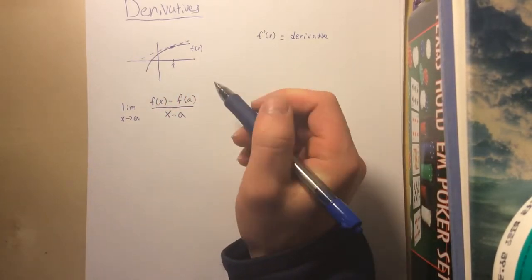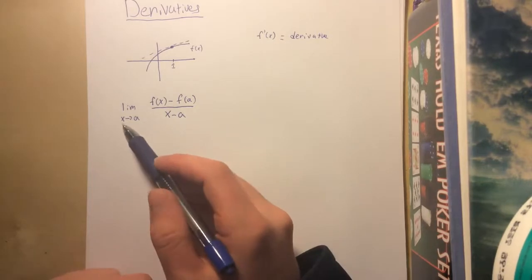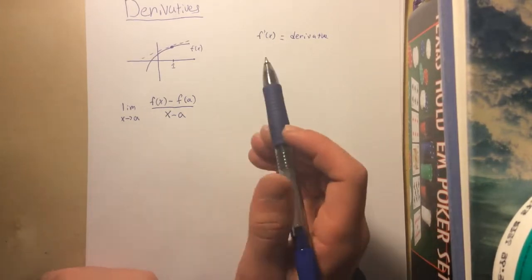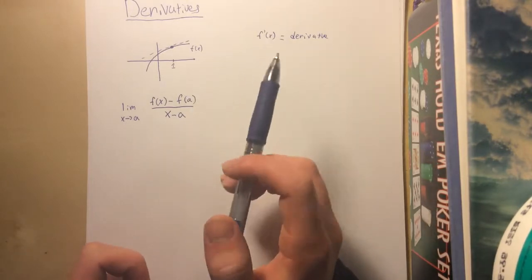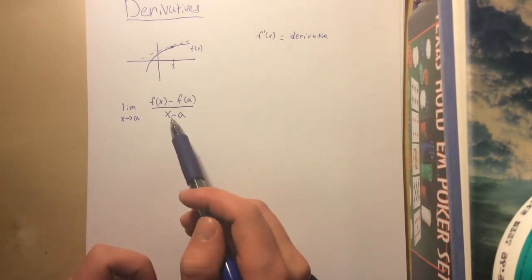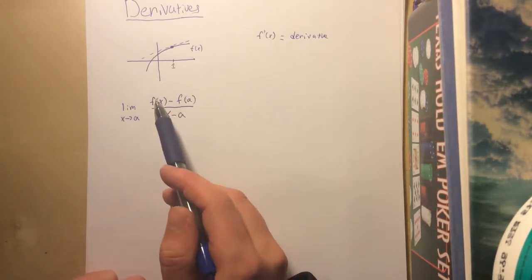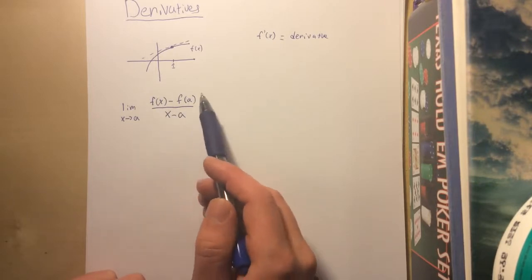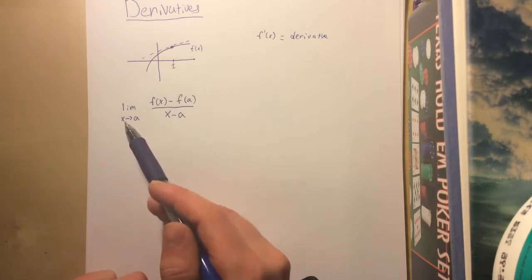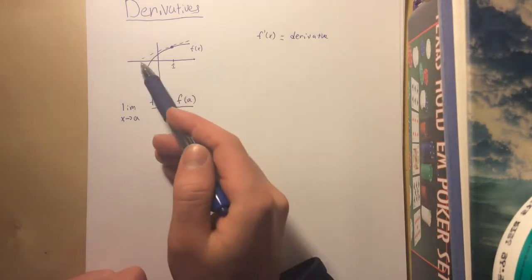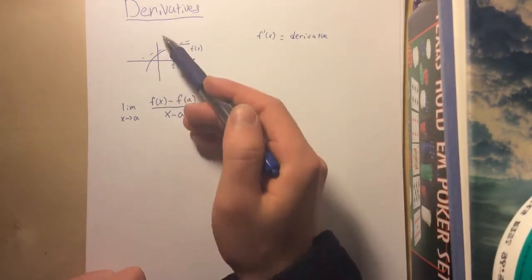So let's try and visualize this. x is getting closer and closer to a. So f of x and f of a are going to be very, very similar, but not the same. And so are x and a on the bottom. Over here we have pretty much a change in y, and over here we have a change in x, since x and a are both x values and f of x are y values on our graph.